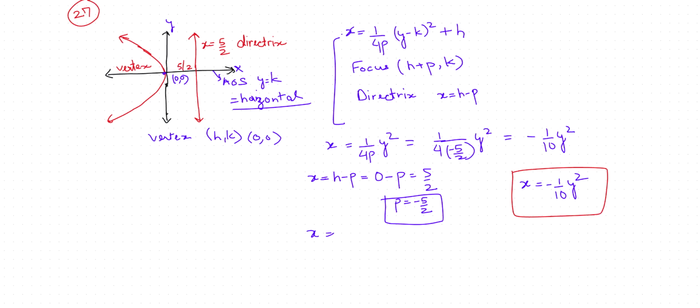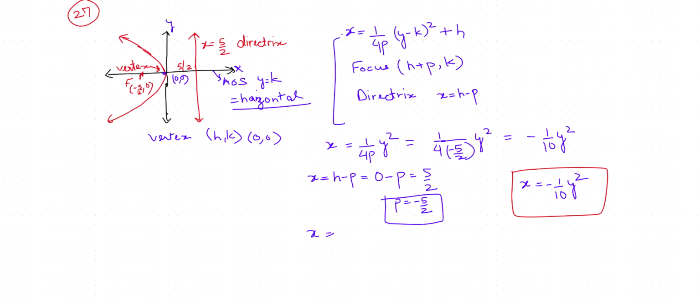So the focus should be here inside, at the same distance 5 by 2 left from the origin, or left from the vertex. So this focus F would be negative 5 by 2 comma 0.